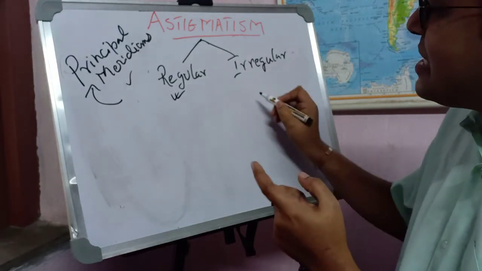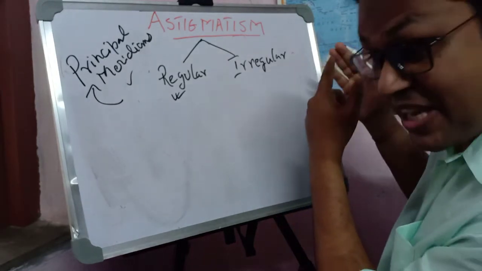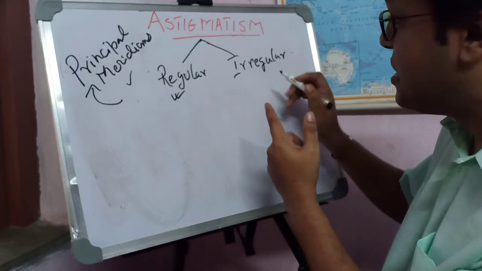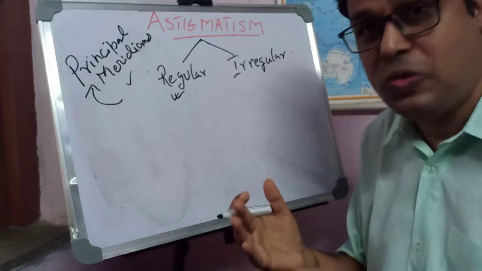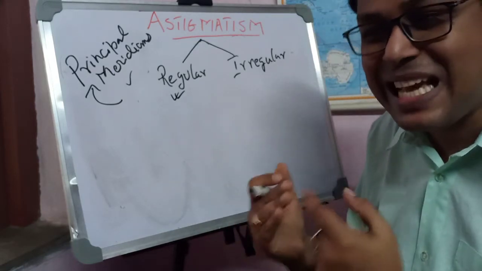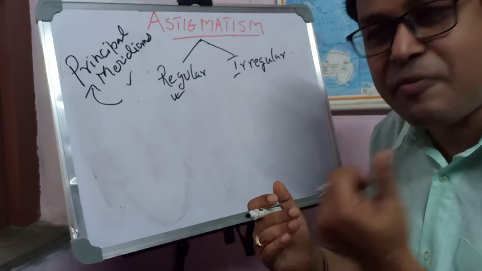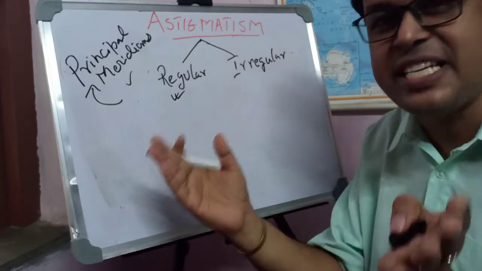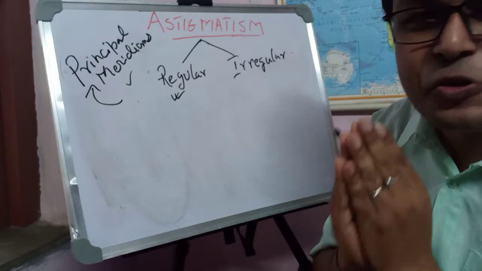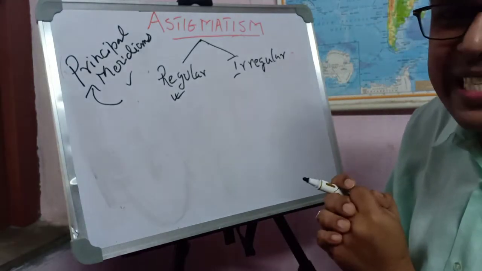In irregular astigmatism, we do not have such a rule. There is no one steep meridian and one flat meridian which are 90 degrees away from each other. That rule doesn't apply in irregular astigmatism.